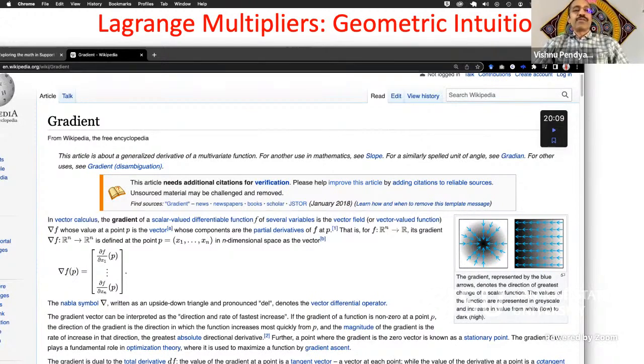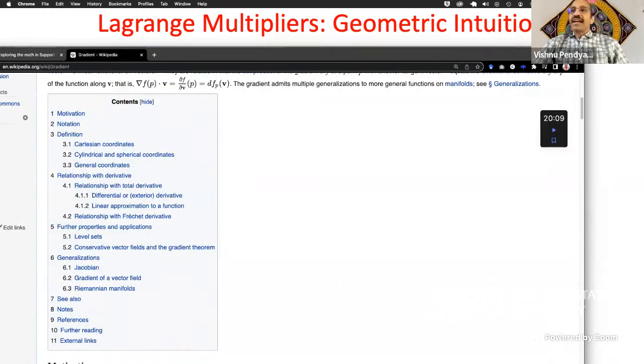We basically want the slopes to be equal, and the slopes are given by a vector called the gradient. Because the gradients need not be equal in magnitude, only direction, we have this lambda to indicate that the magnitude can be different. Only the direction needs to remain the same. So that is the idea.